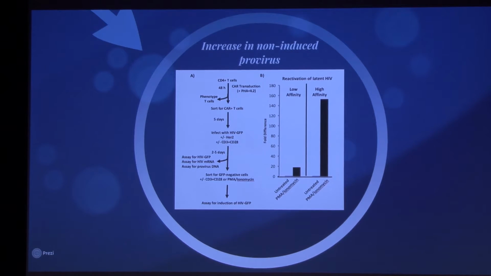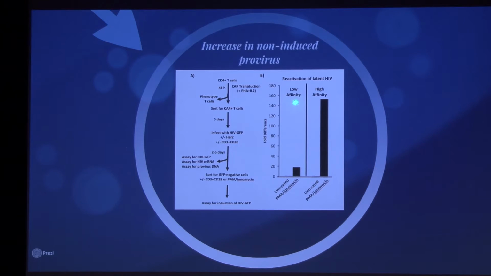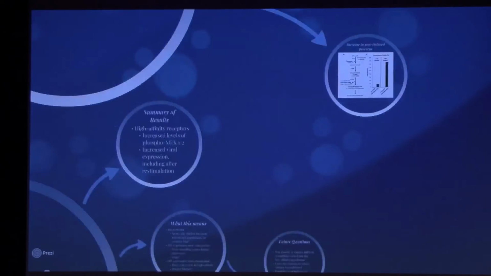Based on what I just showed you, we would expect the cells that seem to have this larger latent reservoir that wasn't doing anything to have much higher expression. But again, the higher affinity cells actually did have a higher expression. And so I'll talk about what this means in a sec.